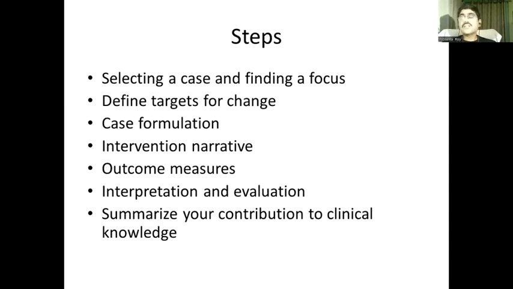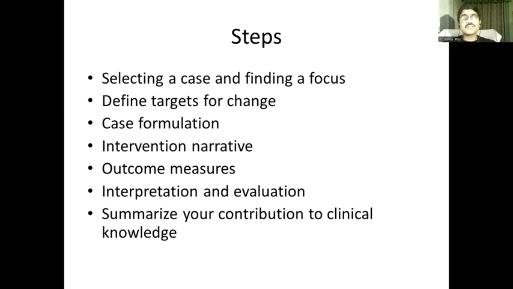And then the outcome measures. Again, we need to get the data of the outcome measure to see if there is any change in the slope. After getting the outcome measures, we need to interpret the finding, and we need to discuss why the particular psychotherapy that we used worked for this particular client or why it didn't work for the particular client.